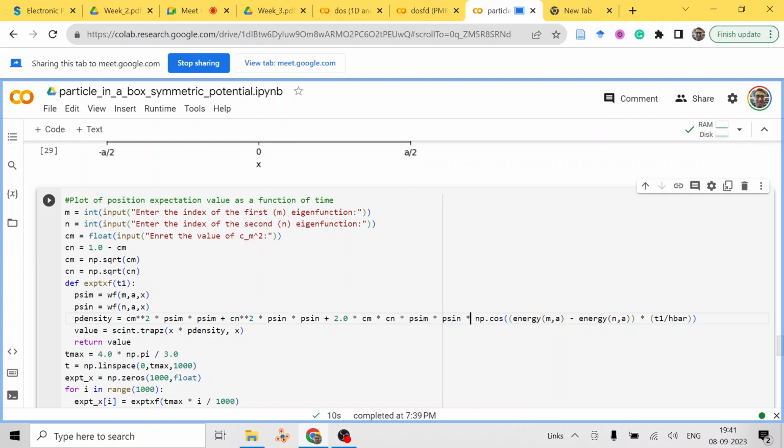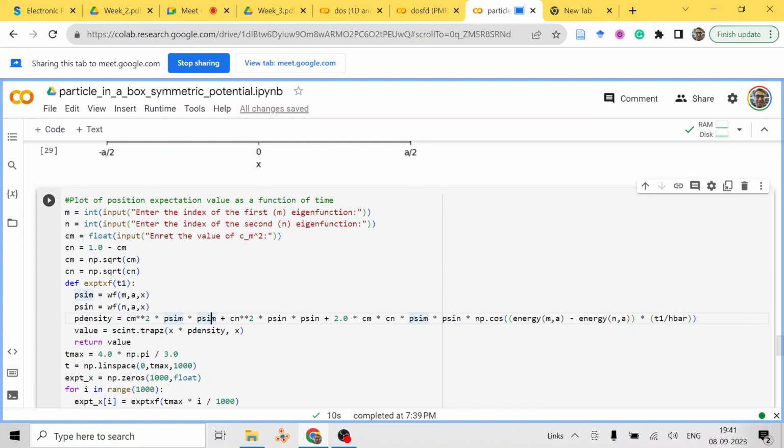We know it's going to be like this. Then this is the expectation value, which is x times probability density times x.